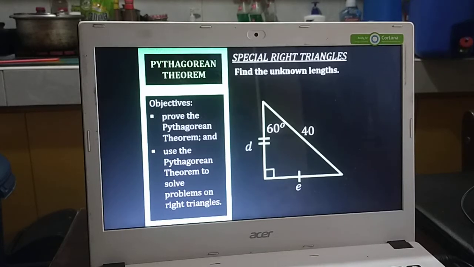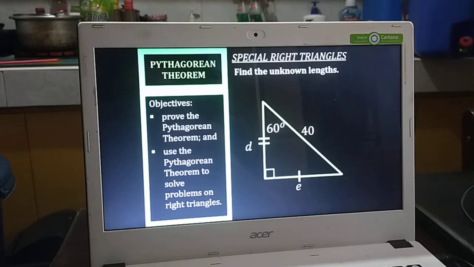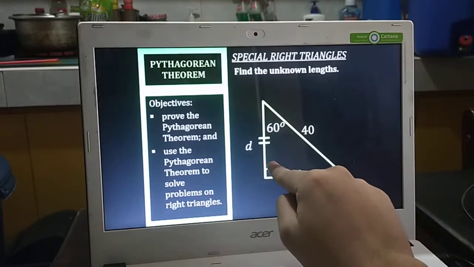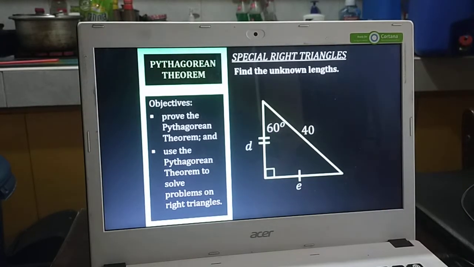Okay. So, next figure. We have another example of a 30, 60, 90 triangle or right triangle. How do we know na 30, 60, 90 siya? Meron tayong 60, meron tayong 90. So, ano yung nawawala? 30.